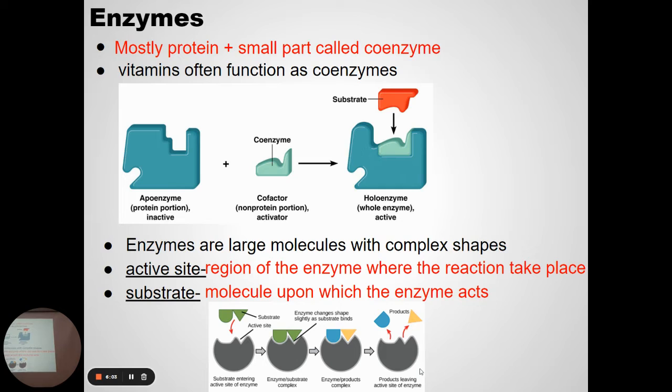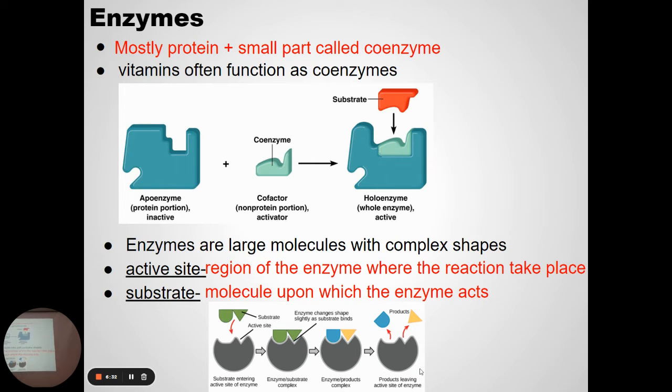The place where the enzyme and the substrate are going to connect has a term. It's called the active site. Makes sense. The site where they're interacting with each other is called the active site. And the molecule the enzyme is working with is called the substrate. So the enzyme and the substrate, and then what's released are called the products.